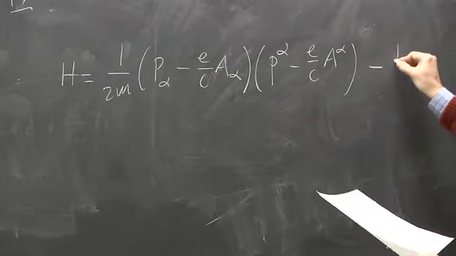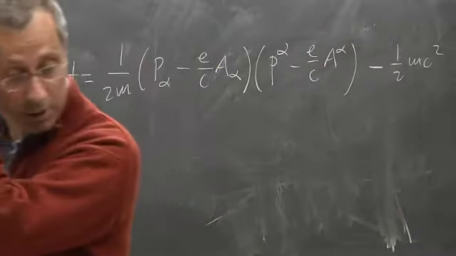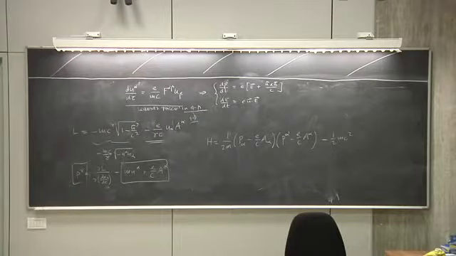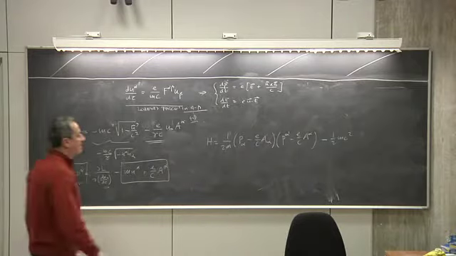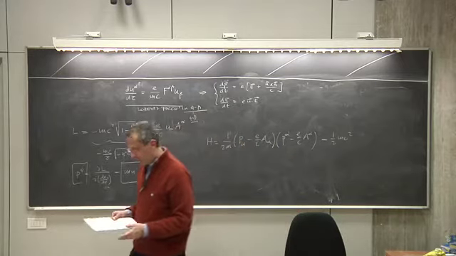And you usually subtract the rest energy of the particle for the Hamiltonian, but it doesn't matter. This way you have a nice limit of the energy in the non-relativistic limit. Otherwise you always get this extra mc square that is there.